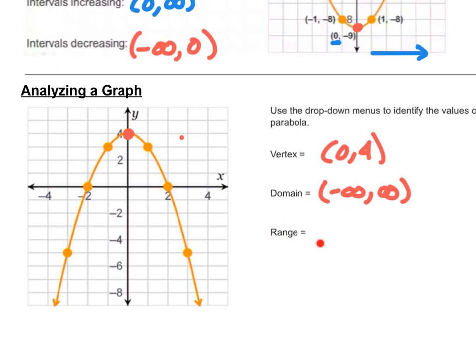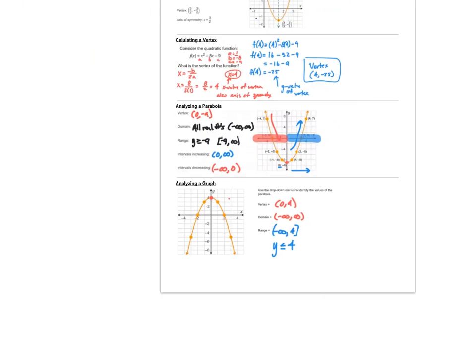But our range goes from negative infinity to 4. Okay, and actually we include 4. We could also say that y is less than or equal to positive 4. Either one of those works. I think that's it for that page.